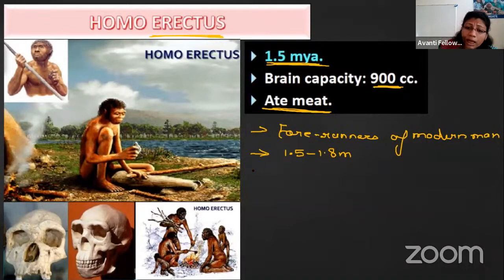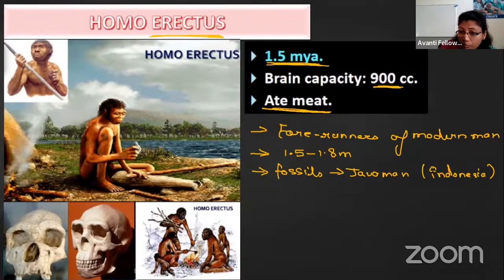The fossils found for the Homo erectus were the Java man, which was found in Indonesia. Then we have the Peking man, who was found near China.